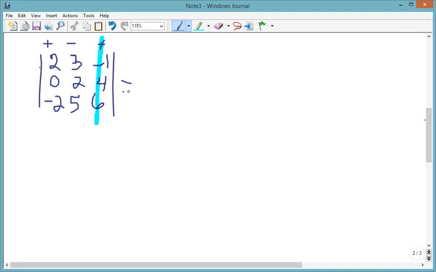So I'm going to add. It's going to start with a -1. Okay, now I'm going to cross off the row and the column with the -1, and that's going to be the determinant I have left.